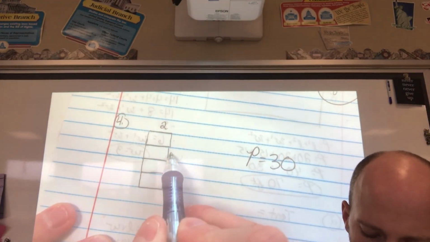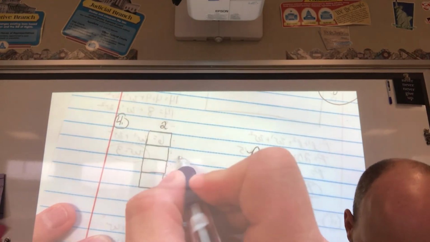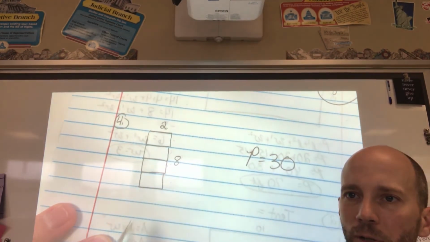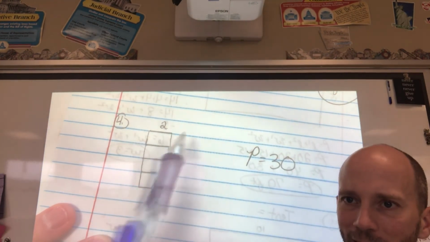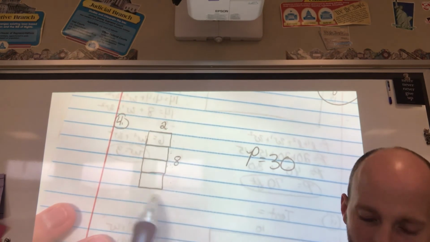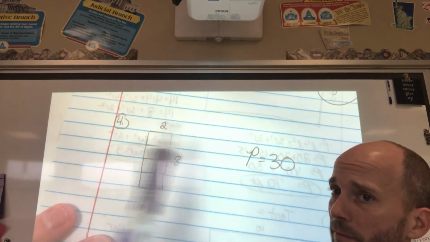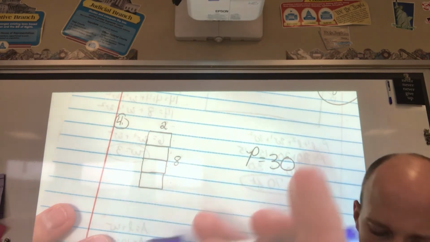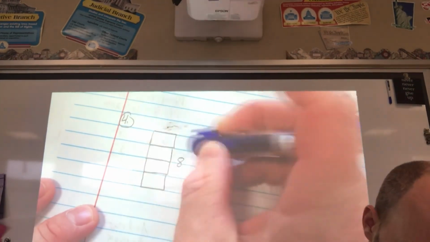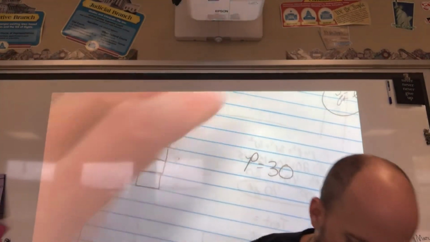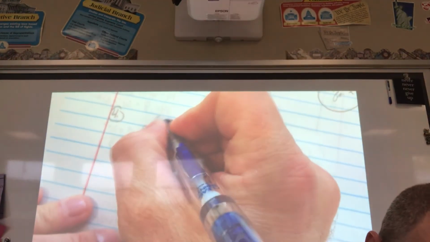Let's try 2. Let's do our doubles. 2, 4, 6, 8. So this would be 8. Let's try 2 and 8. 2 and 8 give me 10. 10 and 10 give me 20. I'm getting closer to my 30. Still not accurate. So what comes after 2? I think we're going to get it, guys. 3.